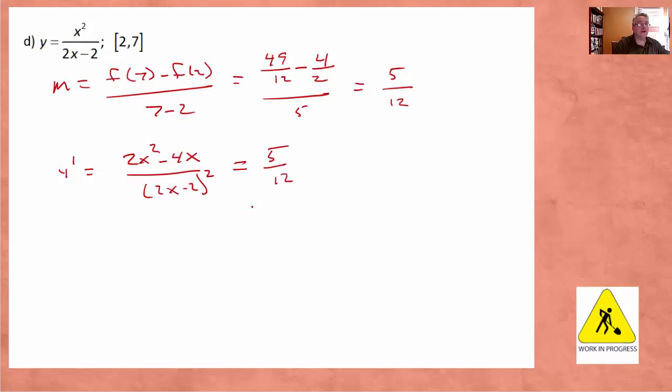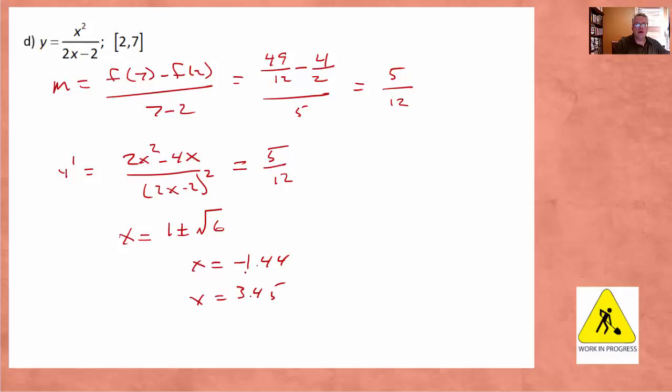Now, you can do a ton of algebra. You could solve this by cross-multiplying, and eventually you should get x equals 1 plus or minus the square root of 6, which is equal to negative 1.44 or 3.45. So the graphing calculator helps a lot to take the derivative and to solve this equation.